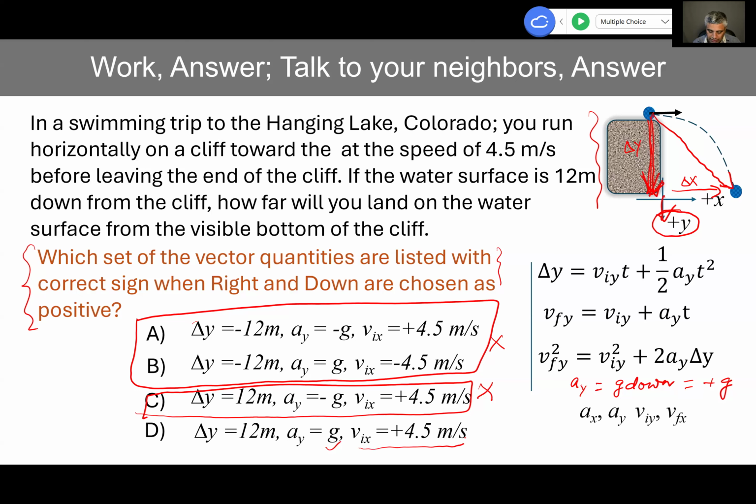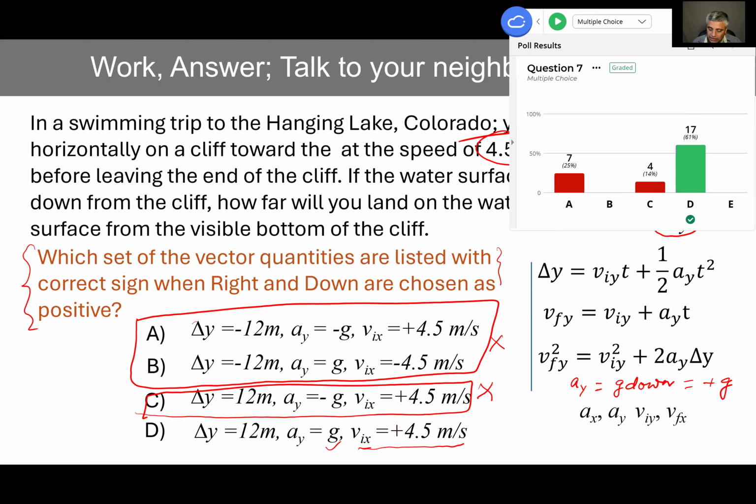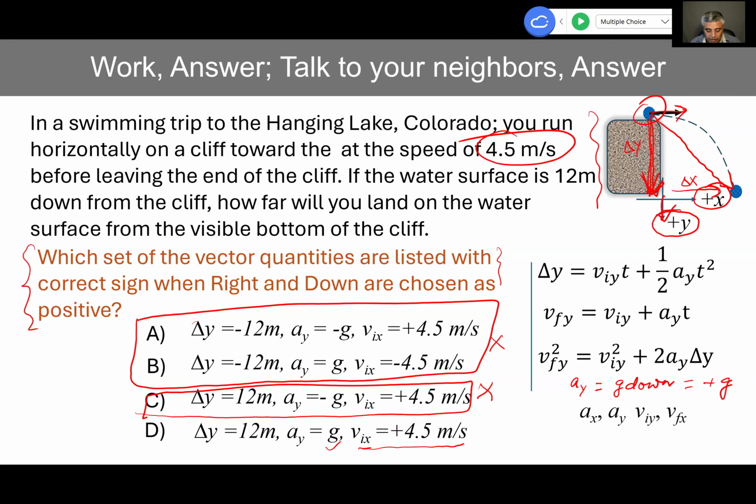So this is Vix, the initial velocity in the x direction, which is this. And it is positive because it's going this way and we are choosing that way as positive. So D is the correct answer in this case, just like many of you identified correctly, great, okay?